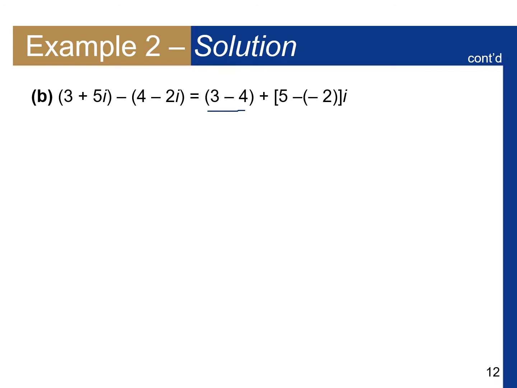And then my imaginary part is going to be 5 minus a negative 2, so 5 minus a negative, which will give me positive. And when I simplify that, I will get negative 1 plus 7i.